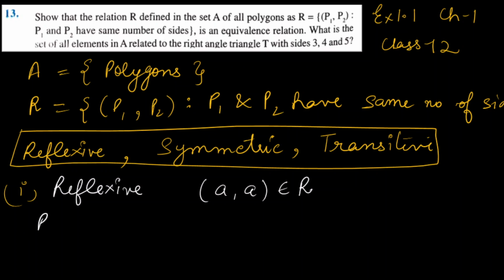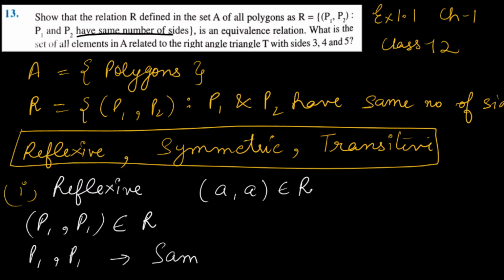If we take an example, (P1, P1), it should belong to the relation. Yes, it will definitely belong to R, because the basic need of the relation is that they should have the same number of sides. Since we are taking the same polygon, P1 and P1, they will satisfy this relation.